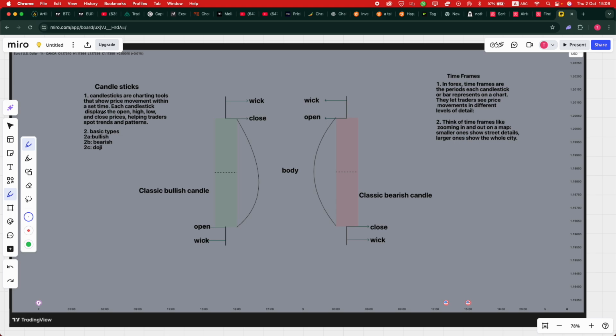Each candlestick displays the open, the high, low, and close prices, helping traders spot the trend and pattern. As we go deep down into this, you get to understand what trend and pattern is. So take note of these two words because we are going to jump on them later.